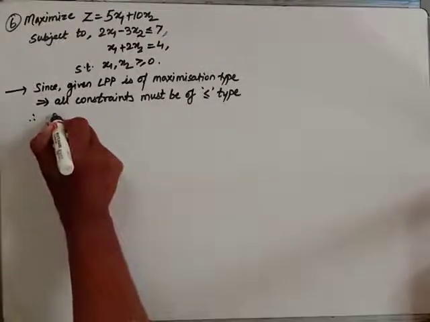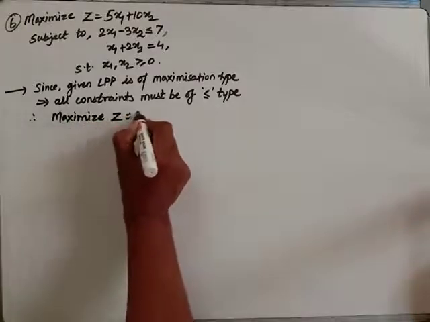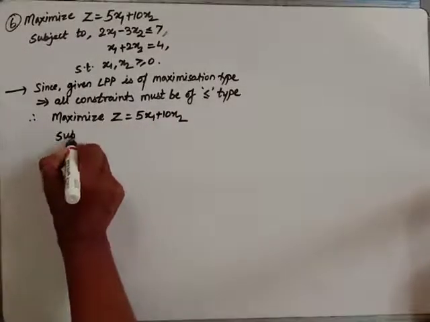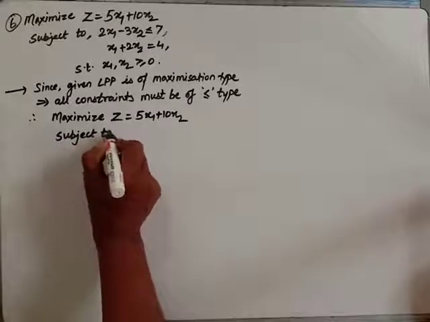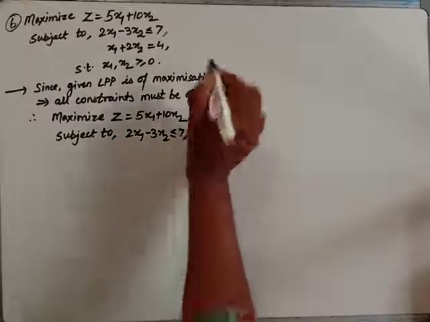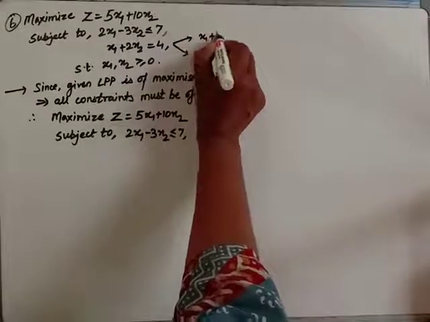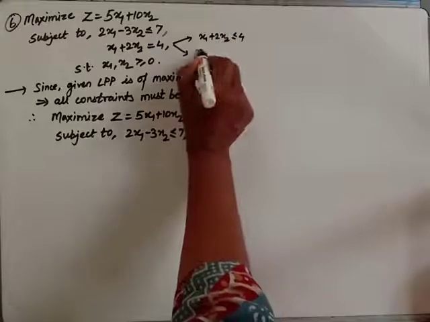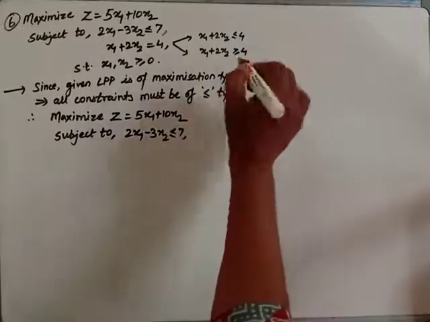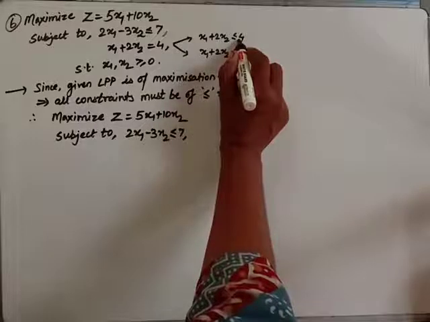Therefore, we get maximize z equal to, this is the same, 5x1 plus 10x2 subject to, now this first constraint is already of less equal type, so it will remain the same. Now this equality constraint again gives two constraints, that is x1 plus 2x2 less equal 4 and x1 plus 2x2 greater equal 4. In the previous problem we wanted greater equal type constraints, at that time we reduced to this one.